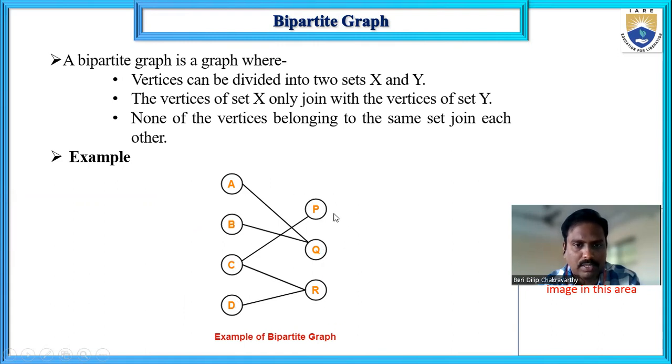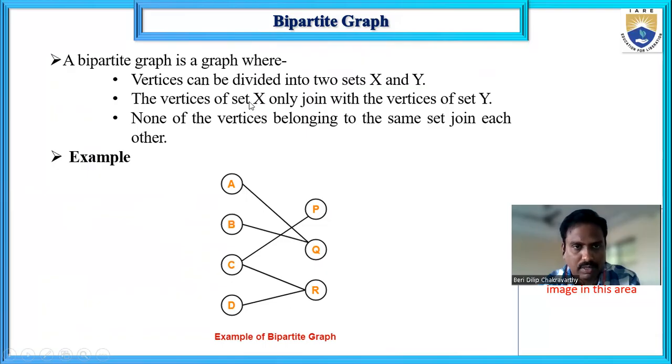Why consider them as separate sets? Because we don't have edges among the vertices within a set. We only have edges to the other set.